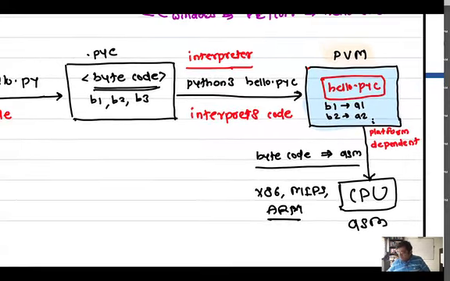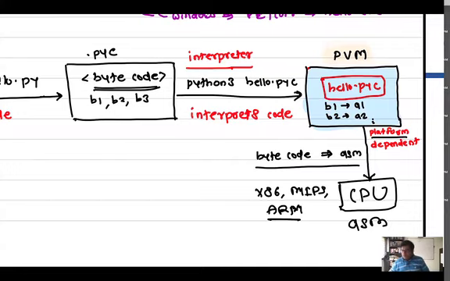Okay. So when I say platform, just take it as the operating system and not the CPU. When the CPU changes, the assembly code changes, so the PVM will also change. So PVM for ARM will be different than PVM for x86, than PVM for something like MIPS, than PVM for something else. So PVM will change, but it is operating system independent and CPU dependent.